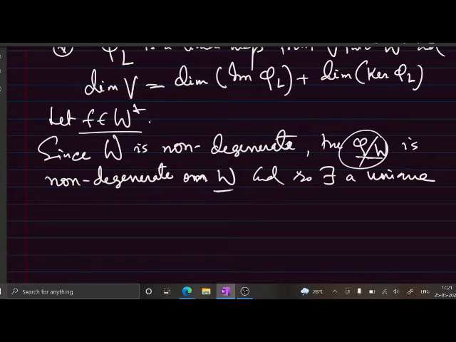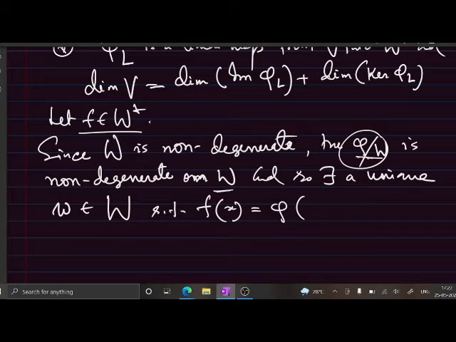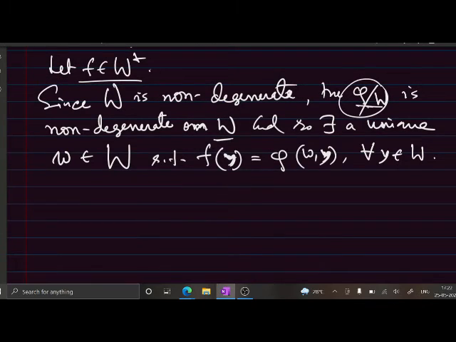vector w belonging to capital W such that f of y equals phi of w comma y, sorry, I should write it as phi y, for all y belongs to W. That is, this is actually phi L of w comma y.